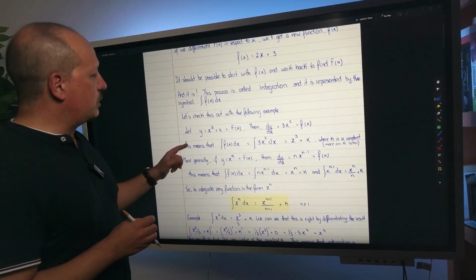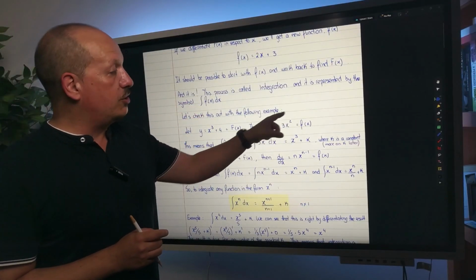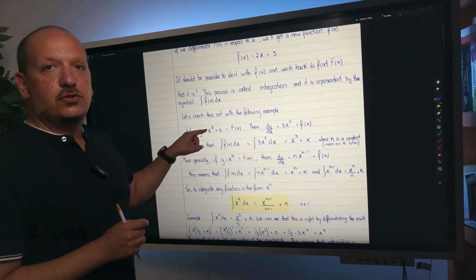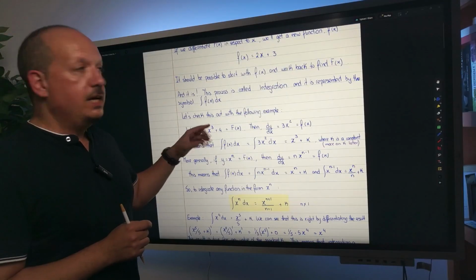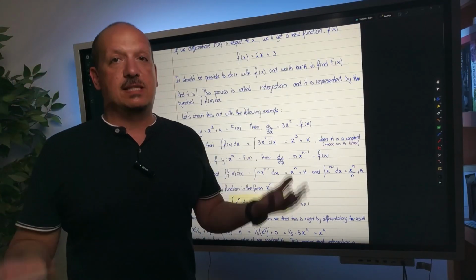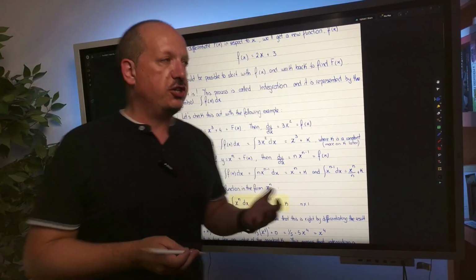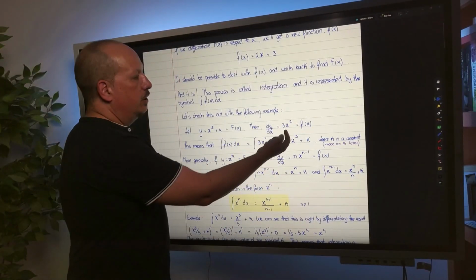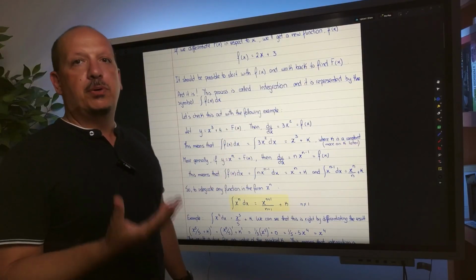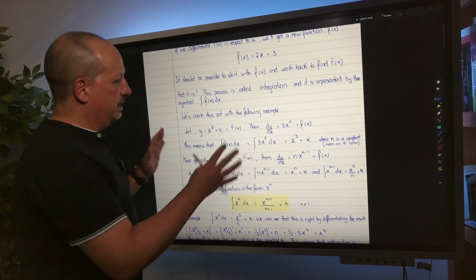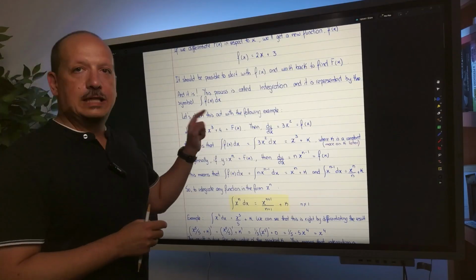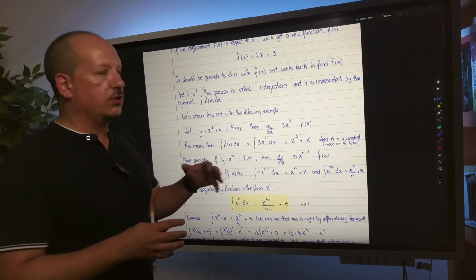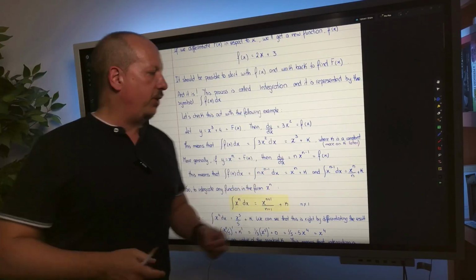This means what? This means that if we integrate this, we should get this function that we already know, right? If integration is the opposite, so to speak, of differentiation, then integrating a differentiated function should yield the original, the primitive function, right? In this example, we already know what it looks like. All right, so let's use this fact to try to figure out a way to integrate any function.